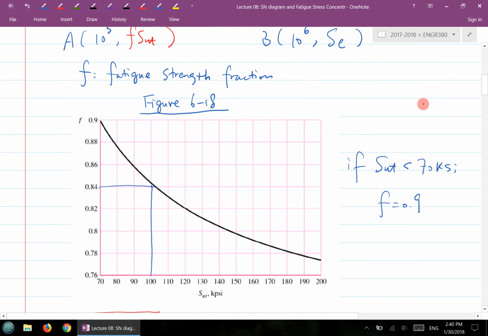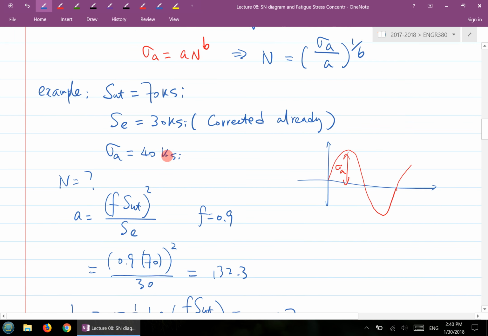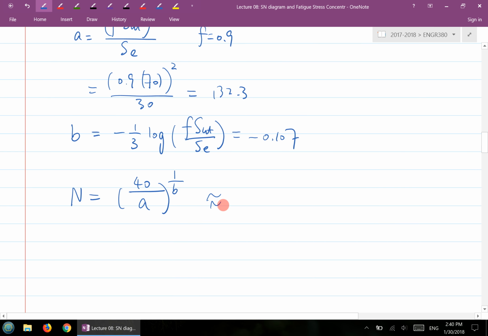So coming back to this question, what's SE? 30, and sigma A is 40. That immediately tells you this part will never have infinite life. So the N value calculated must be less than 10 to the power 6. That gives you a rough check. If your calculation doesn't make sense, then you have to double check your calculator.